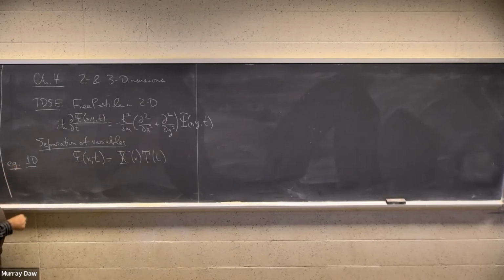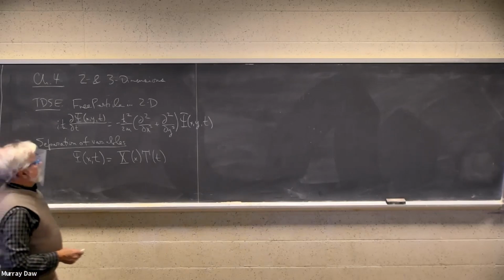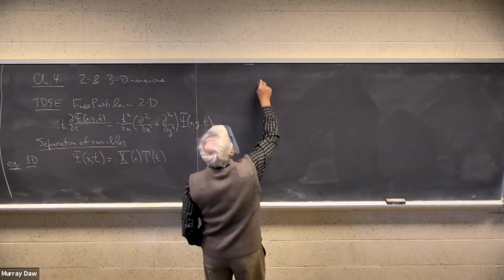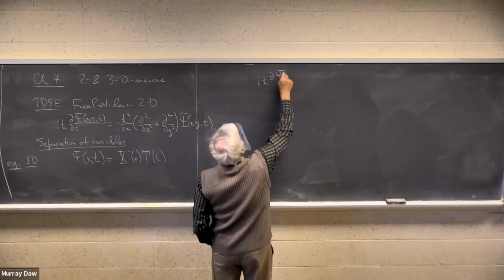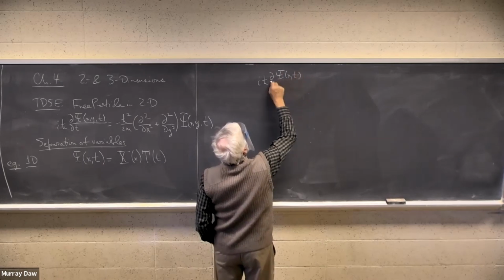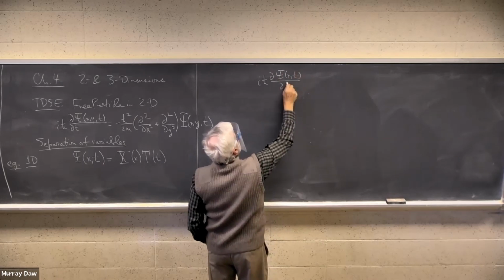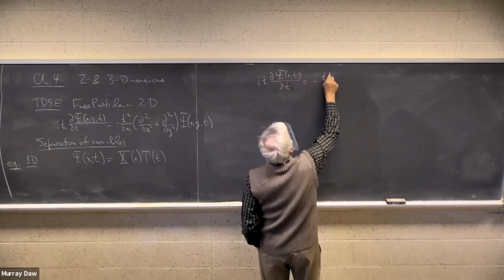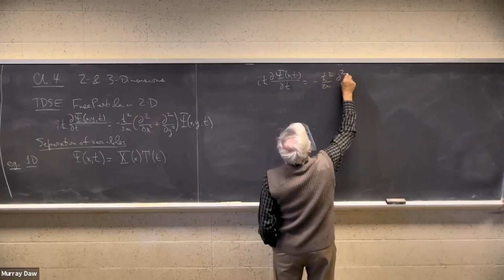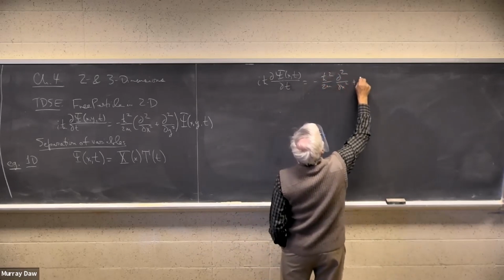So let's try this. Go back to the free particle in 1 dimension, or actually the Schrodinger equation generally in 1 dimension. So we started with this. We write down the problem for some potential.